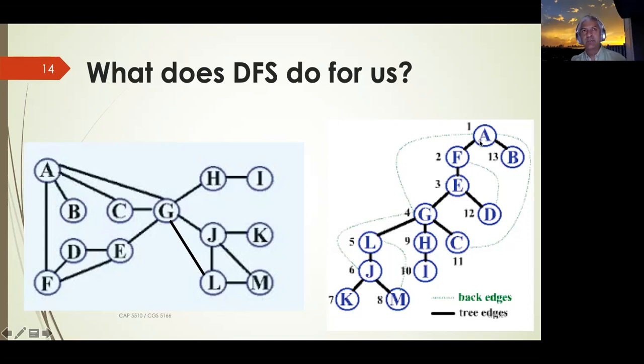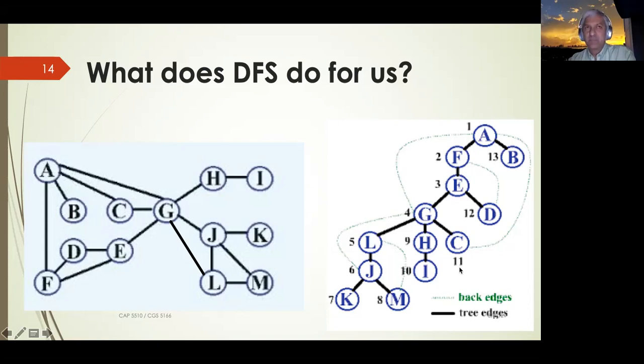When you discovered them, the other end of the edge was already discovered, and that's why we call it a back edge, because it leads to something that's a lower numbered vertex. So there's a green edge from 4 to 1, or there's one from 6 to 4, or from 8 to 5, or from 11 to 1, etc., etc.